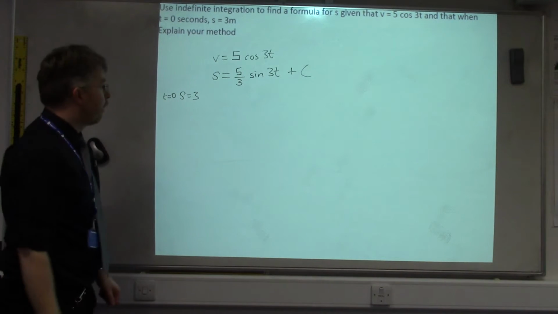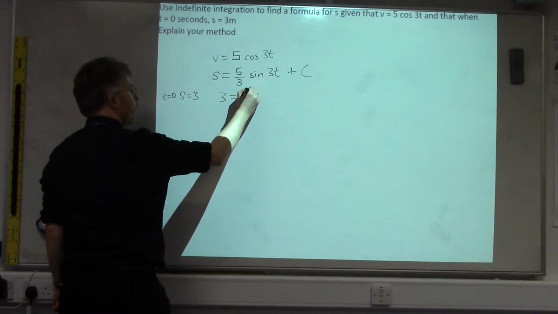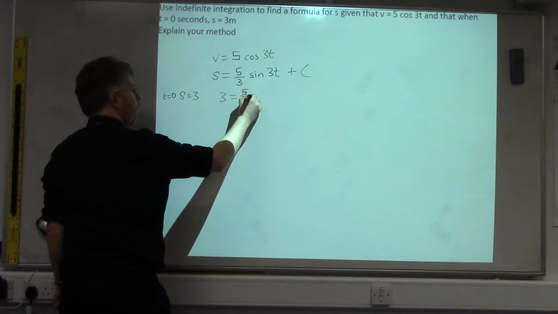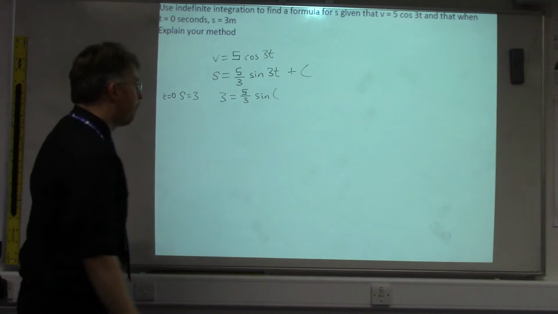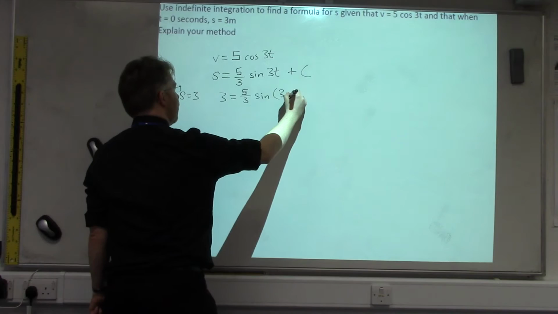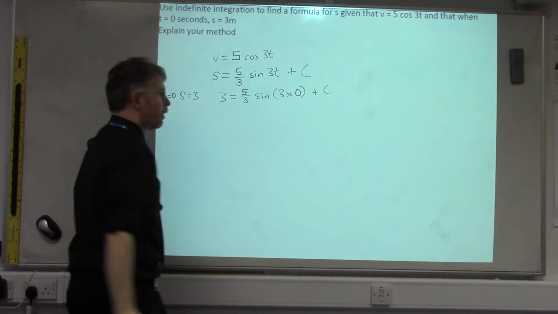So stick our values in. 3 equals 5 over 3 sine of, the calculator will put a bracket in, 3 times 0, so close the bracket there, plus c.